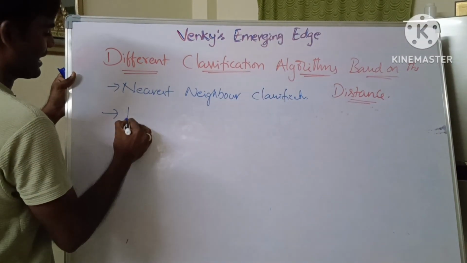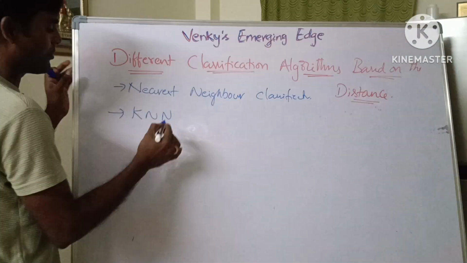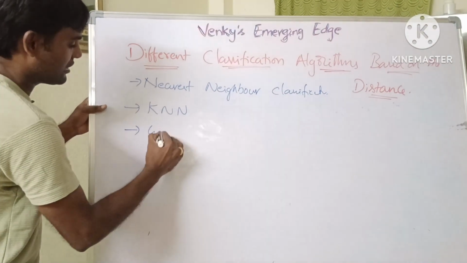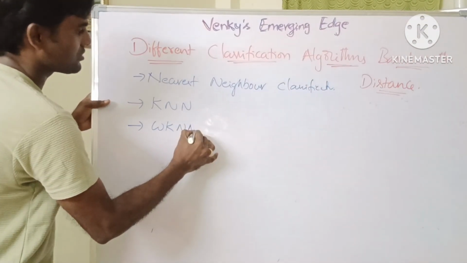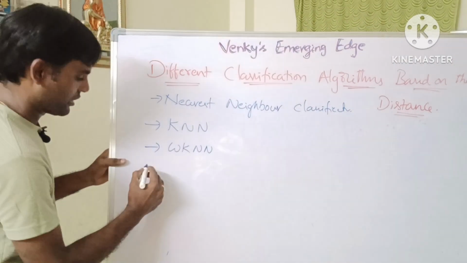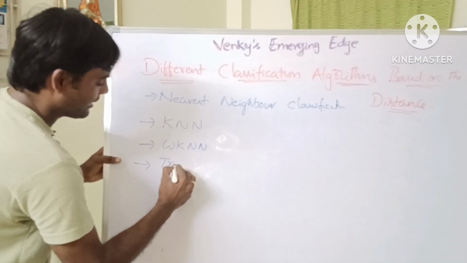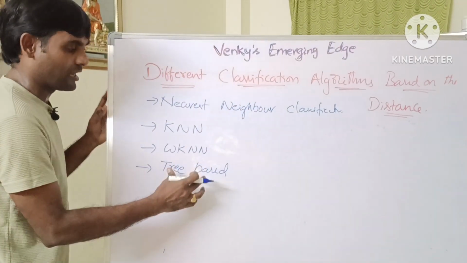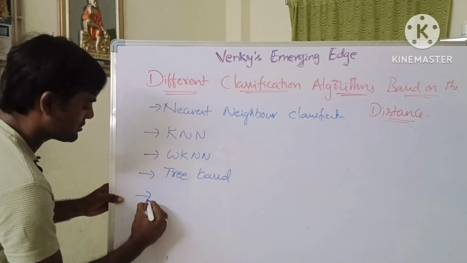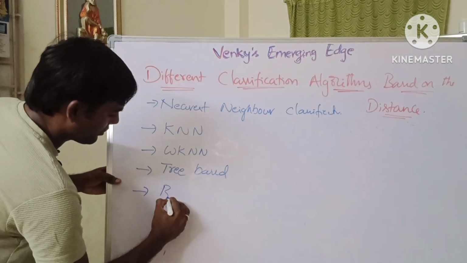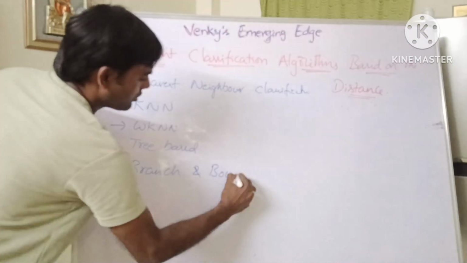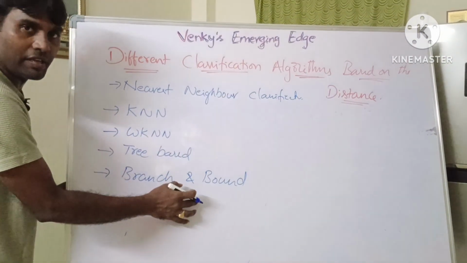The second one is k nearest neighbors. K means given some constant value. The third one is weighted k nearest neighbors classification. Next one is tree based classification. Next one is branch and bound classification.